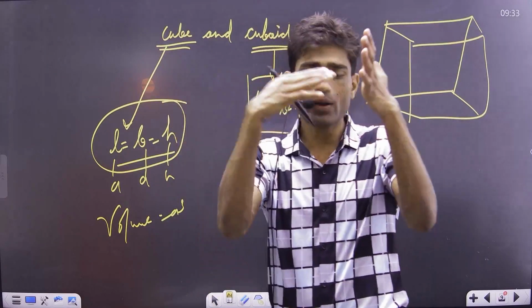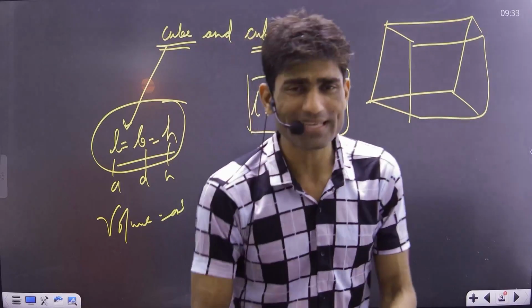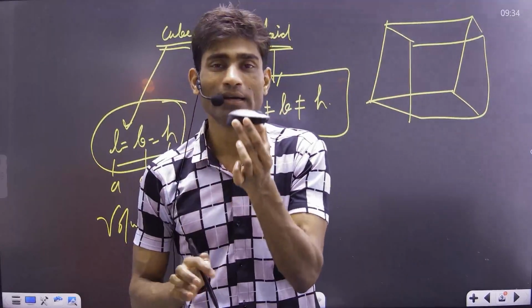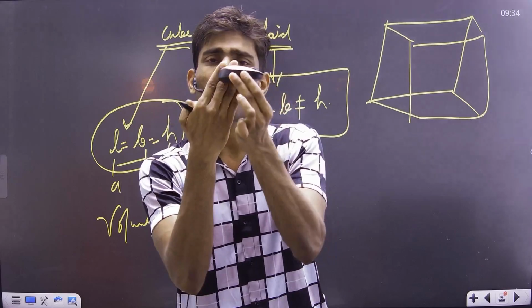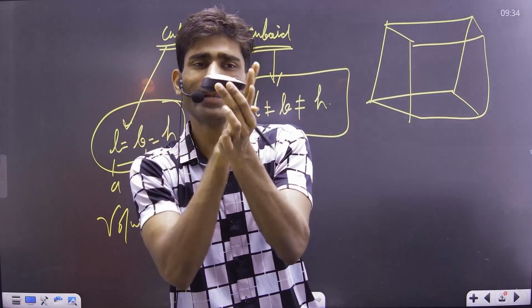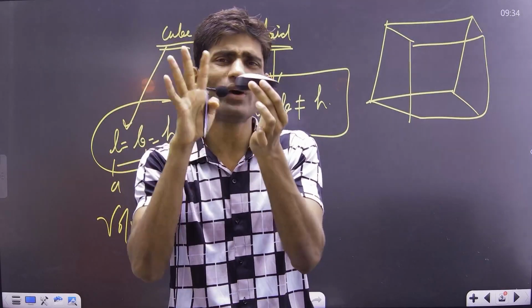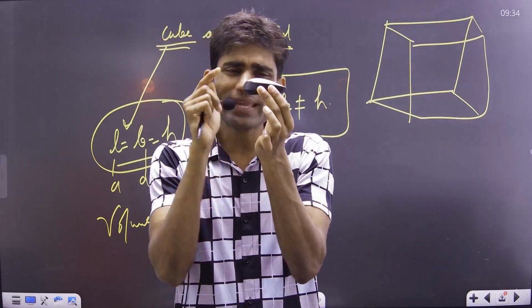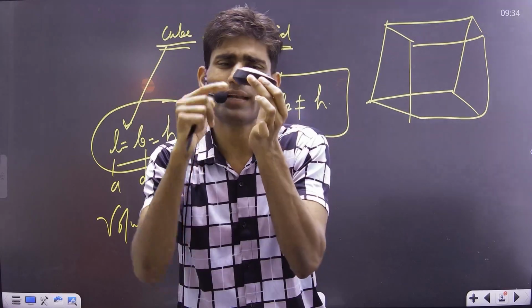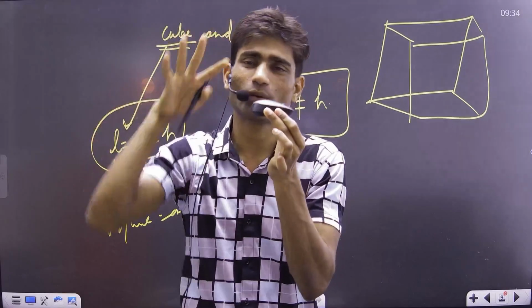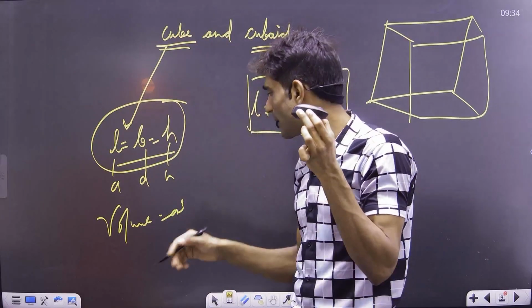For curved surface area, we have to think only of the curved part. Consider this one is our cube. There is the front part, back side part, and horizontal and vertical parts. Only the curved part counts, so the curved surface area is 4 times a square.